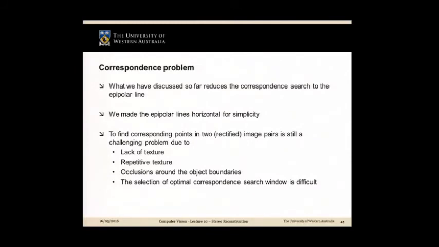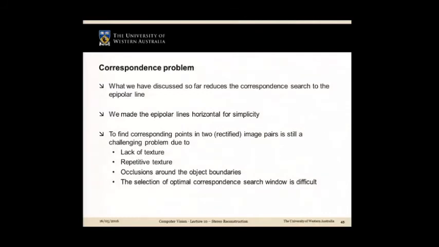Occlusion around the object boundaries. So you have two different cameras. One captures one view of the object, the other camera captures another view of the object. And if there is some point which is hidden from your second camera, that occlusion could be problematic, and you'll not be able to find correspondence in the occluded area of the images. Right?